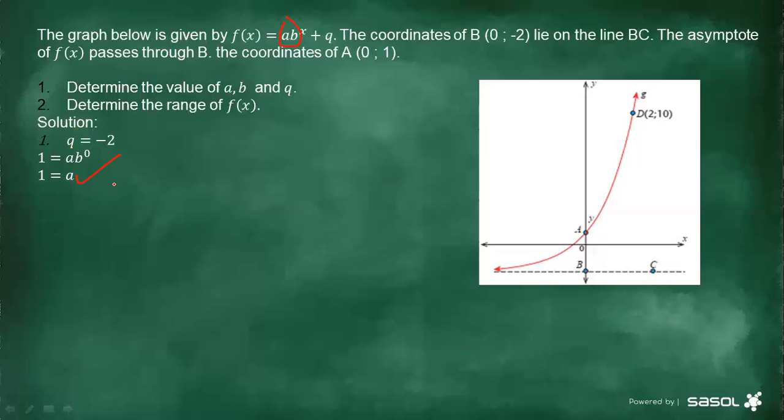Then we are left with b. We take this one. We are now looking for the value of b. We transpose, and that's going to give us 12. Because we are in need of b, let me check if everything is correct.